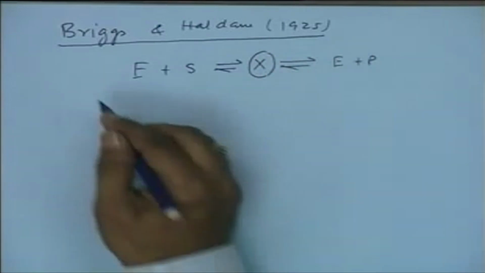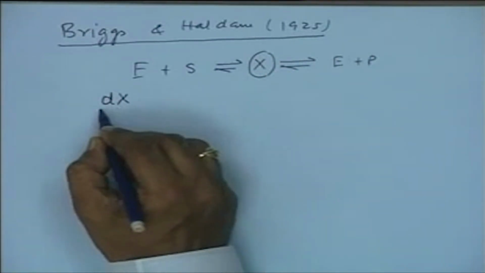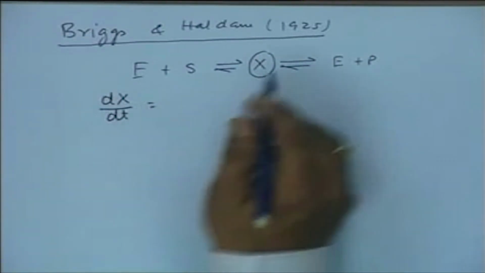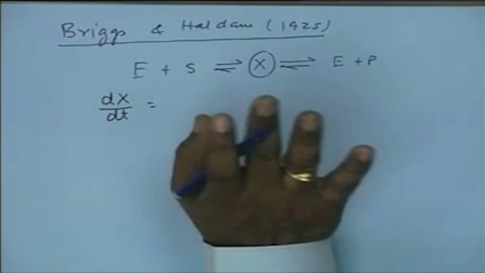The isomerization of glucose to fructose is a truly reversible enzyme reaction, and there are many such examples where the reaction can be catalyzed in either direction. Therefore he also considered that even the second step in the sequence is reversible, and we need not limit it to irreversible behavior. He also mentioned that instead of an equilibrium behavior, we have a steady state behavior, which essentially means the rate of change of x is 0 with time.